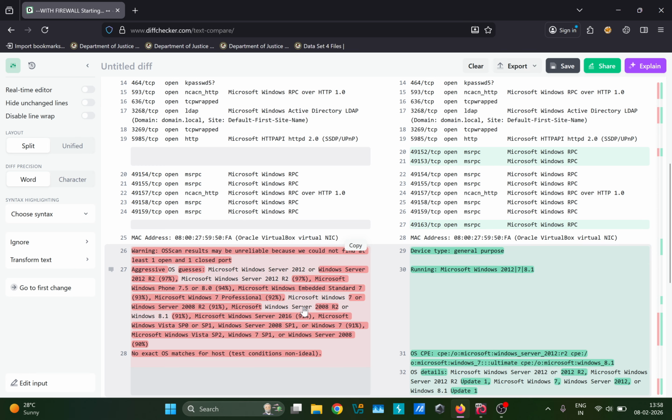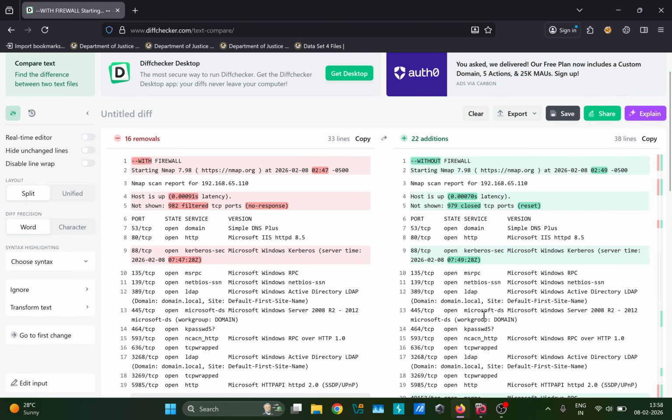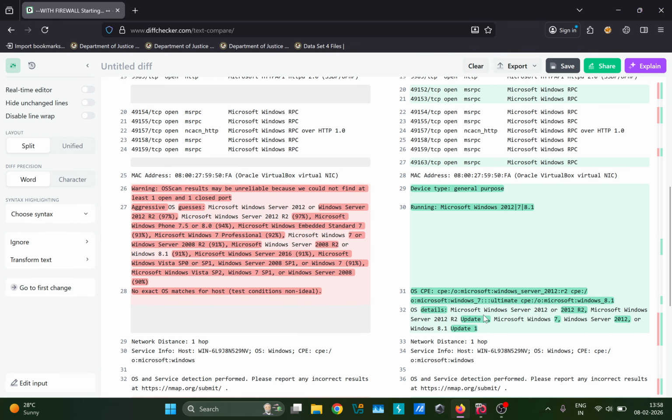So the firewall actually made nmap not detect the OS version, but it was able to detect the versions of the services running. That is the difference. Here you can see this is without the firewall. It's very clear, it found Windows Server 2012 R2, etc.